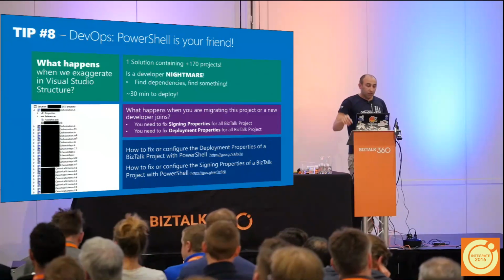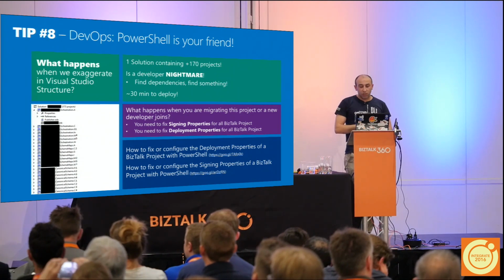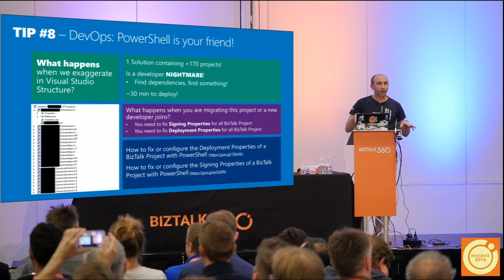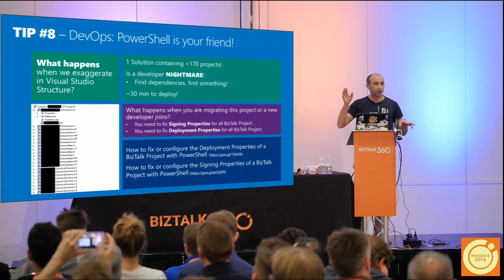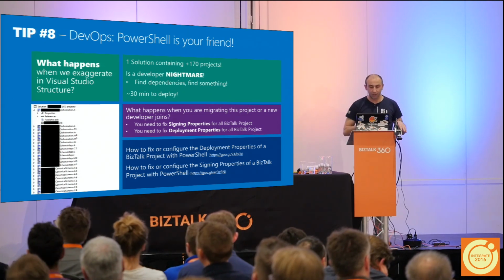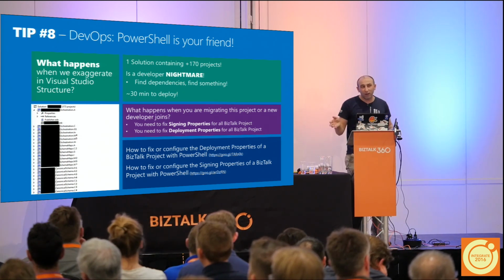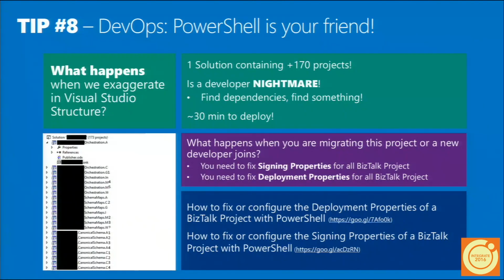It's crazy, man. So I created, for example, two PowerShell scripts. They are available. One is to fix the key in all the projects of your solution, and one is to fix the developer properties. What I spent an afternoon doing, I now can do in 15 seconds, okay?